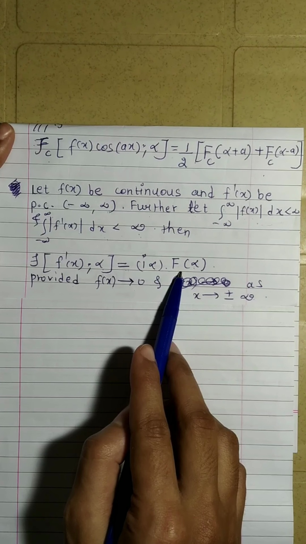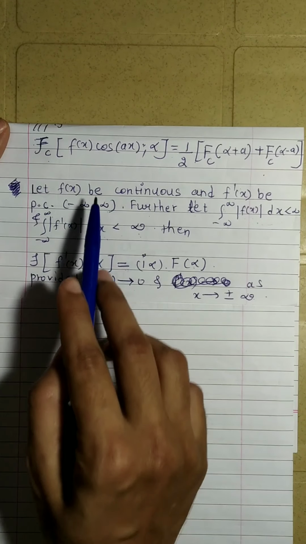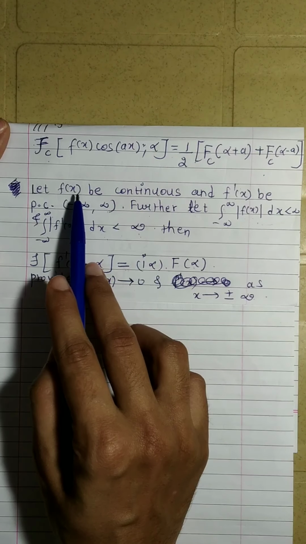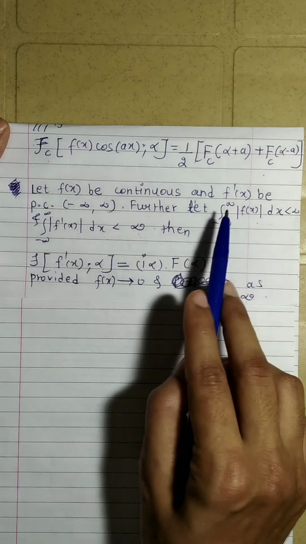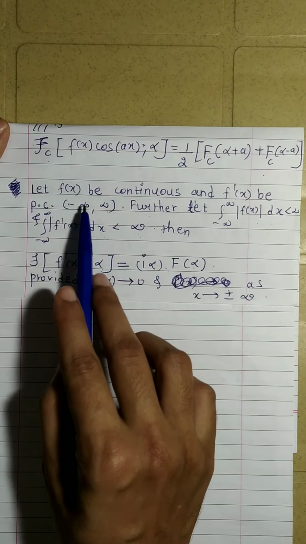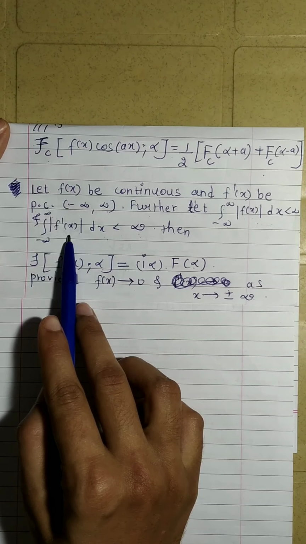Note that when we showed the existence of the Fourier transform for the function f(x), these were the same conditions that were imposed for the function f(x).